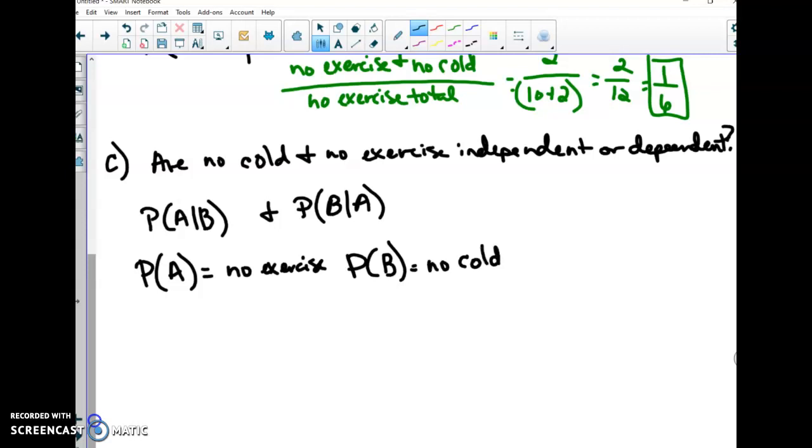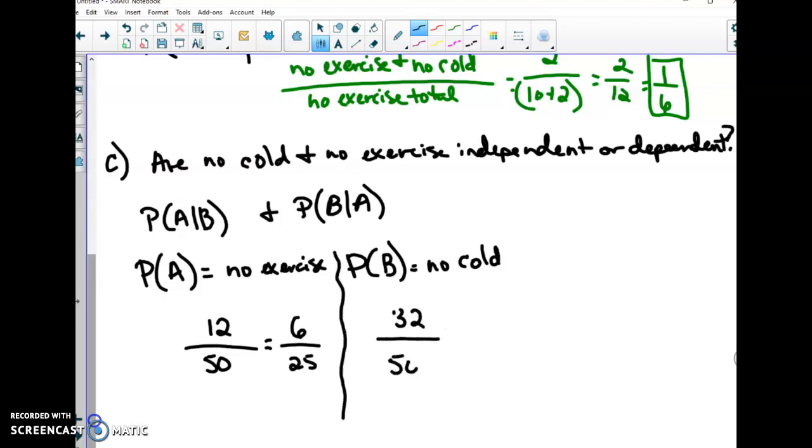So P of A, no exercise, looking at this, the no exercise is a total of 12, and the total number of people is 50. So this can reduce down to 6 over 25. Now the no cold, similar thing. 32 over 50, which can reduce down to 16 over 25.